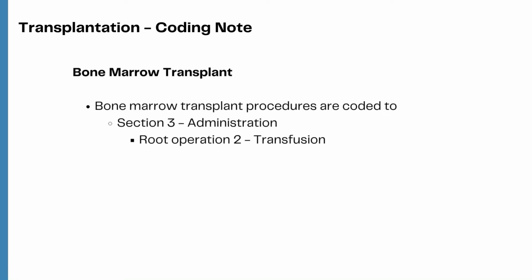This procedure is not coded to the medical and surgical section. Remember this. The section for the bone marrow transplantation would be administration, and the root operation under administration would be transfusion. This is one of the most important procedures that you need to remember. You cannot code it to the medical and surgical section.